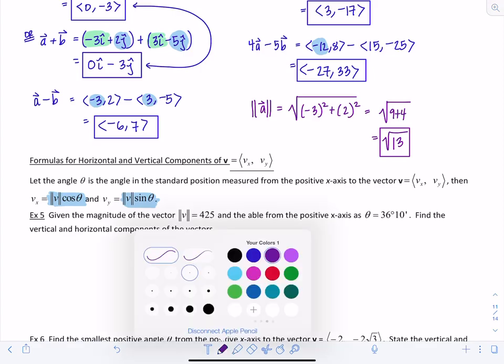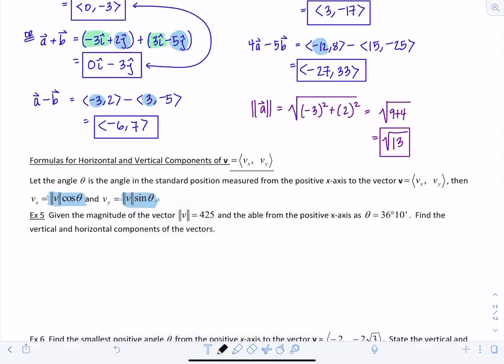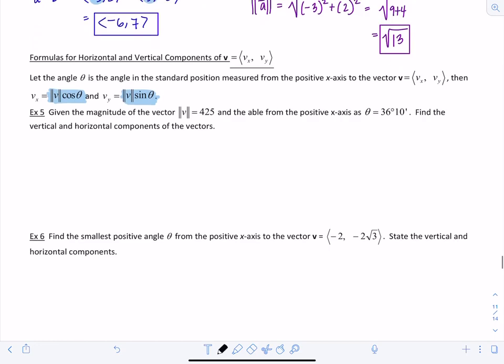I'm going to draw you a quick picture. It's going to make perfect sense. Are you ready? So I'll just draw it in the first quadrant to make life nice and easy. Here's my x-axis. Here's my y-axis. Here's my vector V. Okay? This is V. This vector has length magnitude V. Okay?